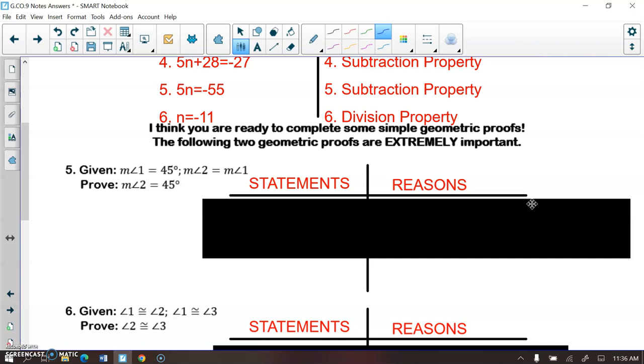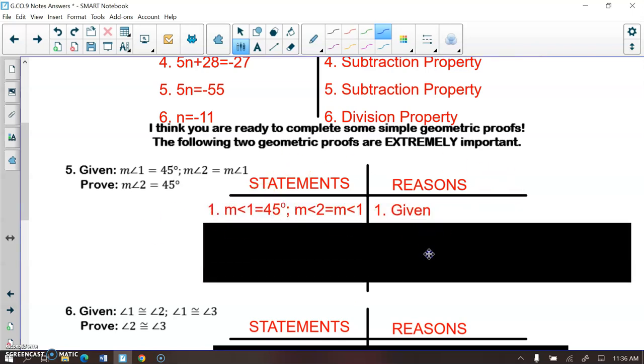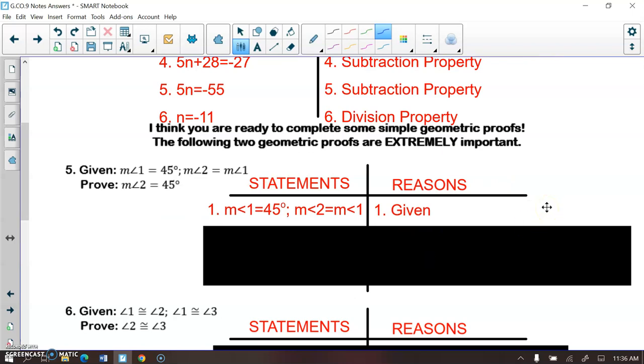All right. So for number 5, draw your T and draw statements and reasons, but then also state your given. Now it's a good idea to look at what you're given and what you're trying to prove. We are going to use our given to try to get to what we're trying to prove. Look at this: the measure of angle 1 is equal to 45 degrees, and the measure of angle 2 is equal to the measure of angle 1.